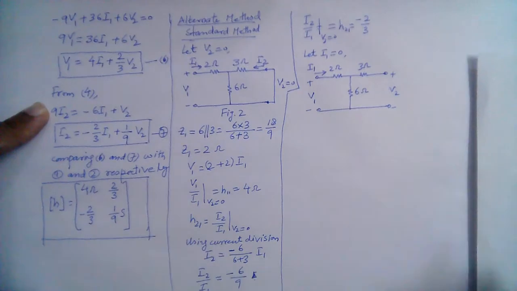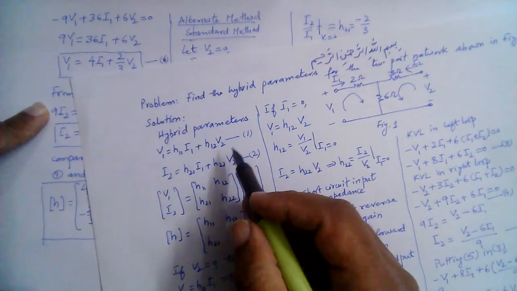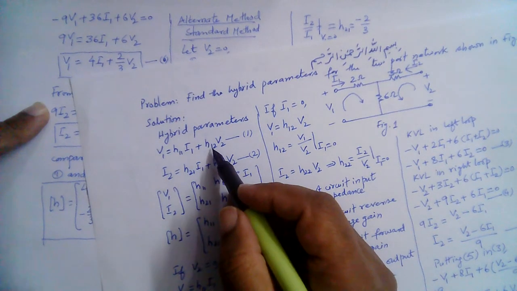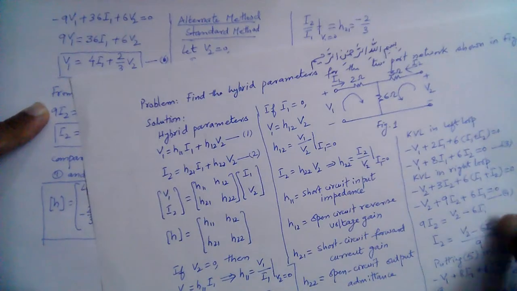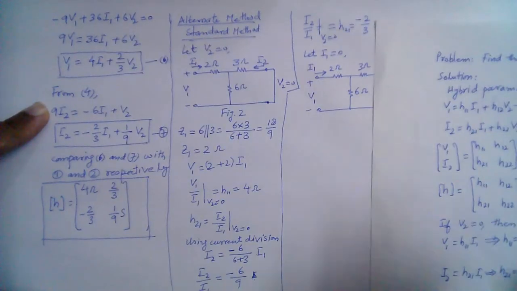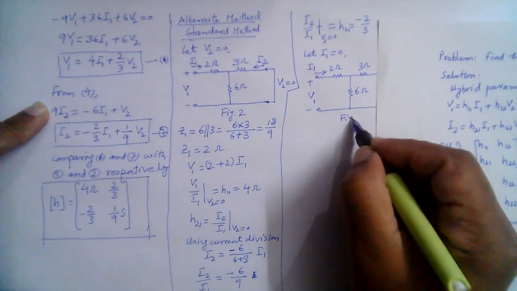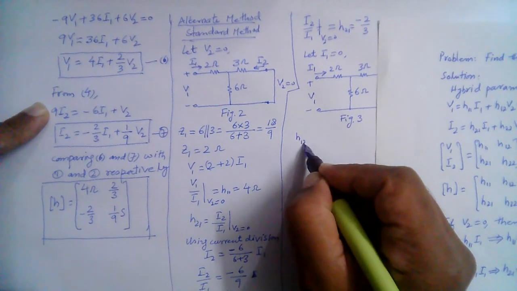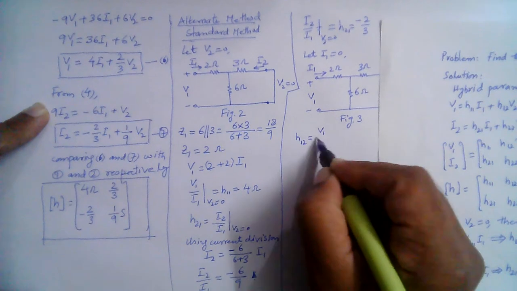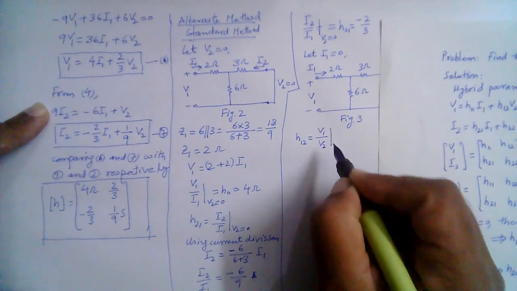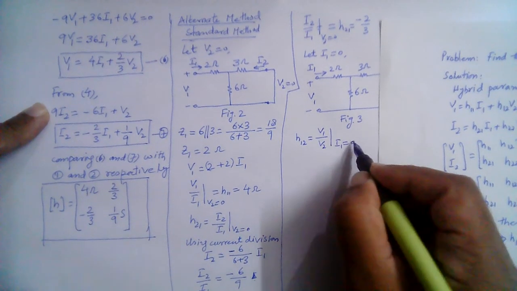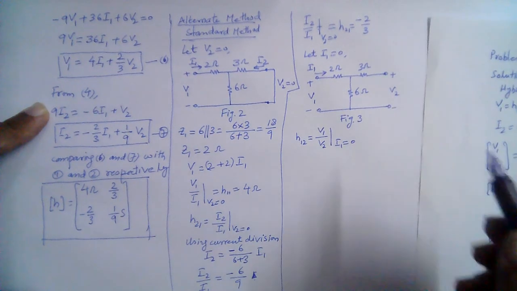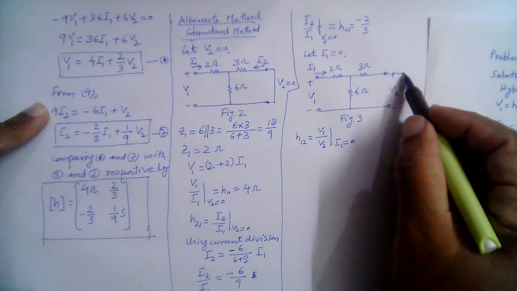The first parameter that we can find when we put I1 is equal to 0 is H12. So H12 is equal to V1 divided by V2. Let me call this fig 3. H12 is equal to V1 divided by V2 while I1 is equal to 0. So there is a source connected here.